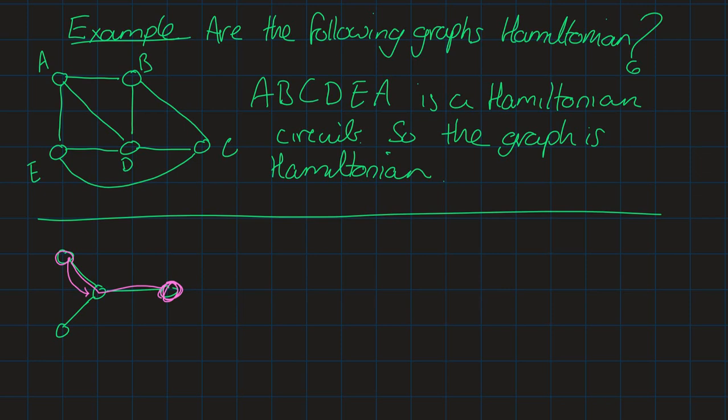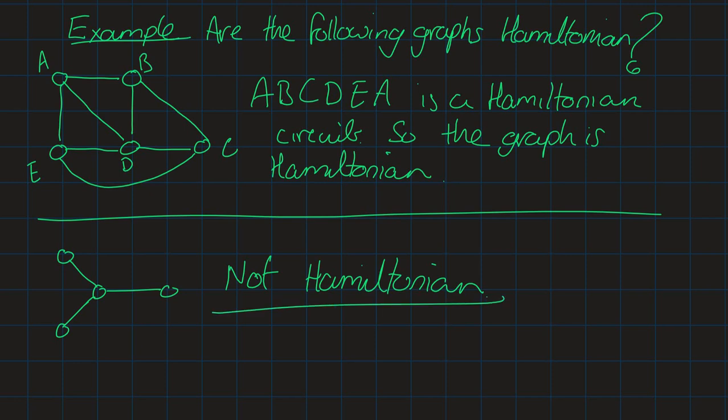You can't possibly visit other vertices and return without going through the center vertex multiple times. That's a hand-wavy heuristic argument, but because the graph is so simple, it's acceptable. So this one here is not Hamiltonian. It's impossible to find a circuit that hits every vertex exactly once.